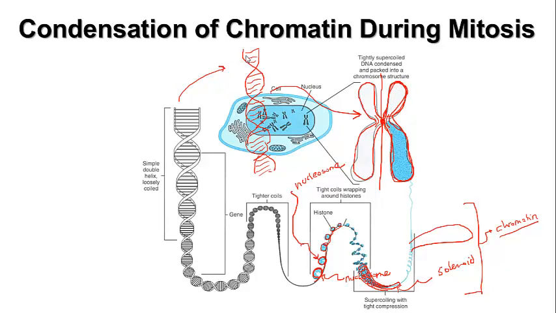Likewise, at the same time, another completely identical DNA molecule, which was synthesized from this DNA molecule during S phase of interphase, is going through the same process of winding, so that it forms an identical sister chromatid. Then the two sister chromatids find each other and are bound at the hip by the kinetochore, and you end up with what we recognize as the bivalent chromosome.